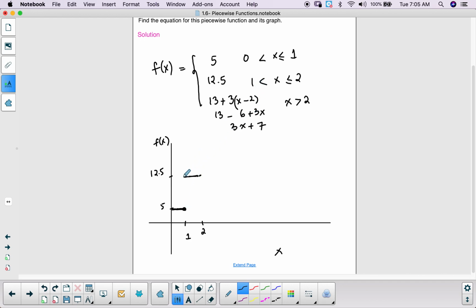Whereas here, you have an open circle because it doesn't include the value at 1 hour. It will go with this rate, but not this 12 and a half. Okay, and then any value over 1, it would be 12 and a half. And then over 2 hours, you have the line with the slope 3x plus 7.